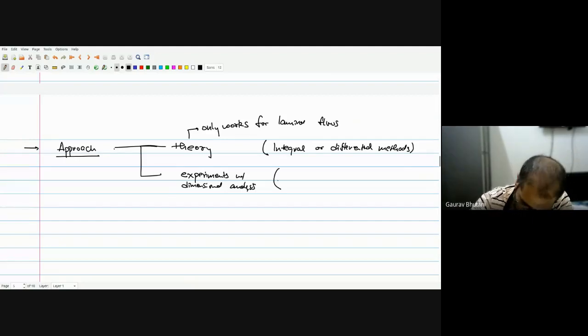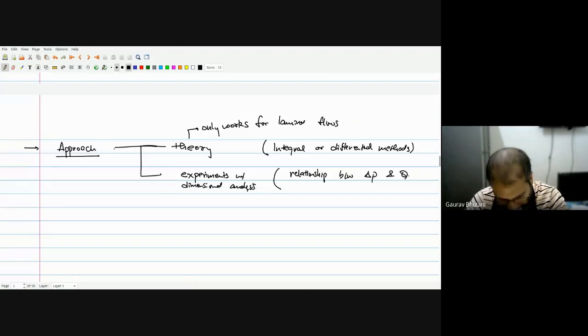Okay, so when we say experiments with dimensional analysis, what we mean is we'll plot or we will generate charts or tables of relationship between delta P and Q. Okay, not really delta P and Q, because we're talking about using dimensional analysis.